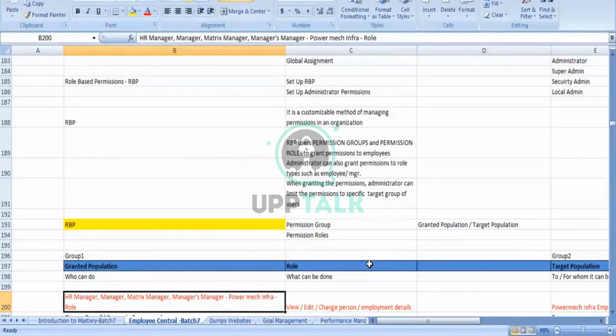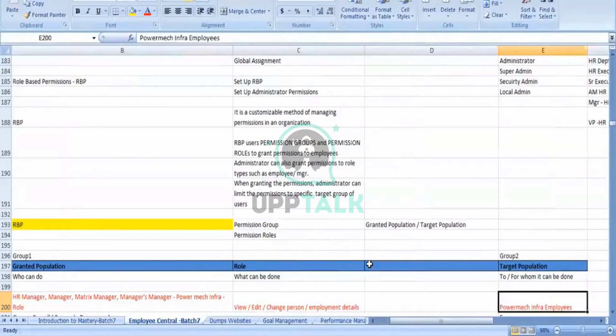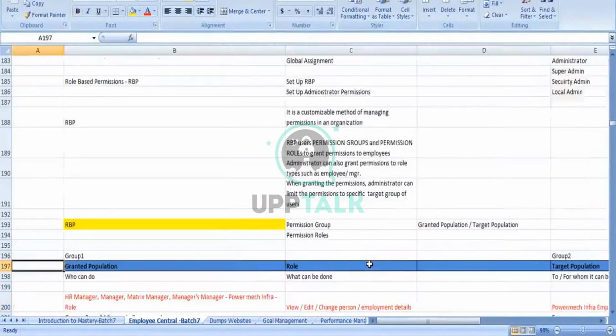He is getting the access to handle 100 employees, so those 100 employees act as the target population. For making the changes, he is being nominated, so he acts as the granted population.